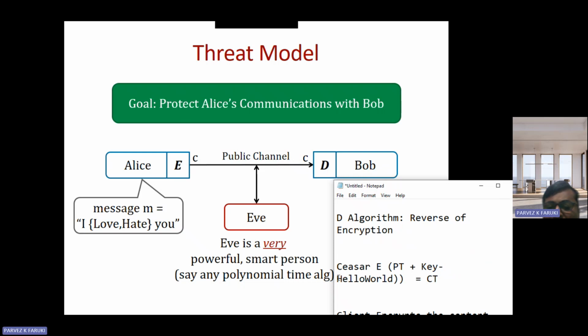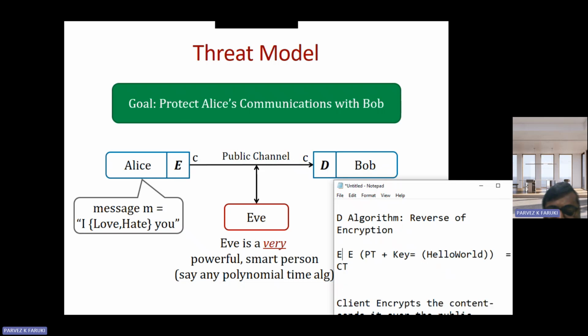So this password is your key. And a password is a protected entity. It's private information. So an encryption algorithm converts a plain text into ciphertext.